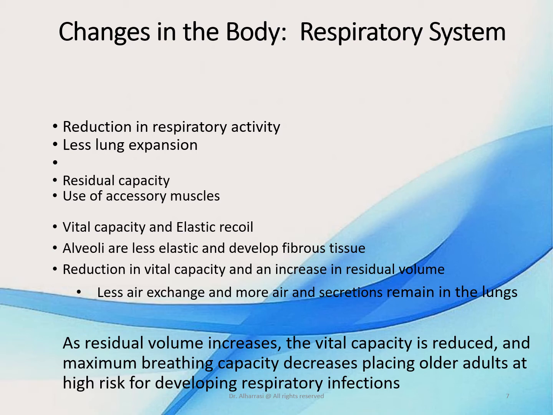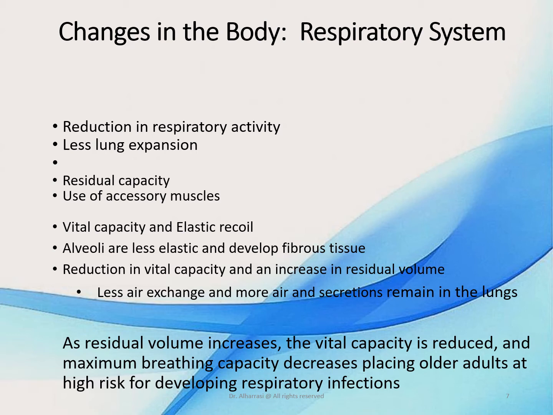And sometimes there is also a change in vital capacity and elastic recoil. The alveoli are less elastic, and they also develop fibrous tissue, especially in those who have COPD. There is a reduction in the vital capacity in general, as I mentioned, and an increase in the residual volume, the volume that remains in the lungs.